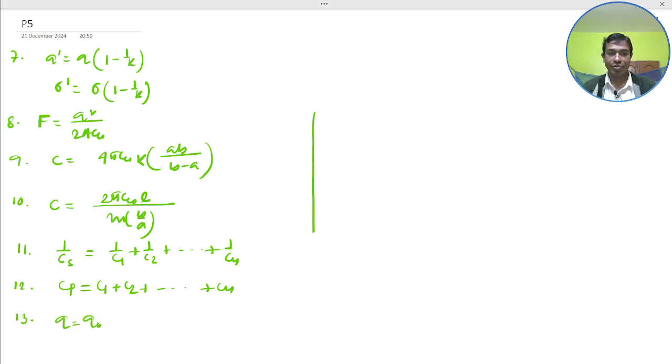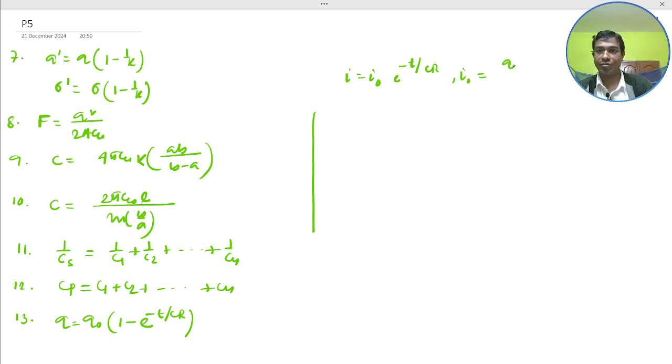So Q is equal to Q naught times 1 minus exponential of minus T by CR, the time constant. So basically here the current would become I naught e to the power minus T by CR, where I naught is equal to Q naught by CR. So the graph, this is the time and the charge Q, this one for the charging.